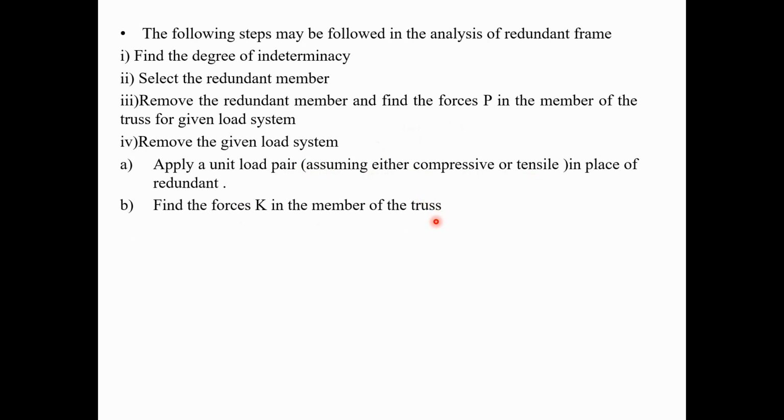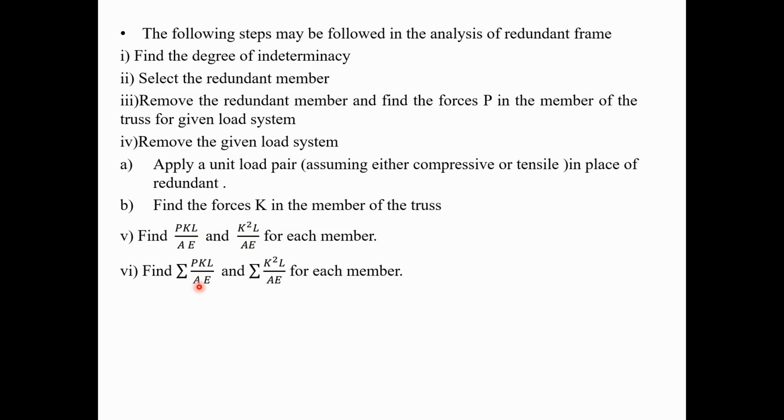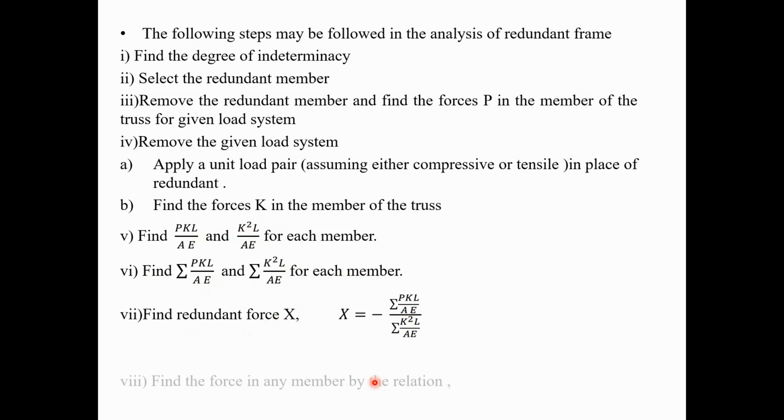Then find the K forces in the members of the truss. After that, find out the PKL by AE term for every member of the truss and K square L upon AE for each member. After that, find out the summation PKL by AE and summation K square L upon AE, and find the redundant force X is equal to minus summation PKL upon AE divided by summation K square L upon AE.